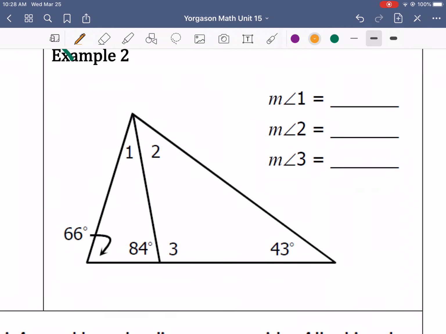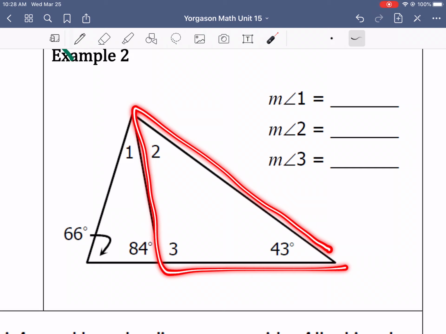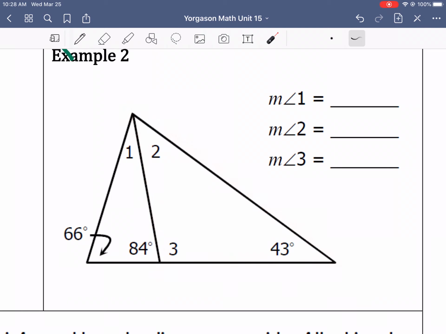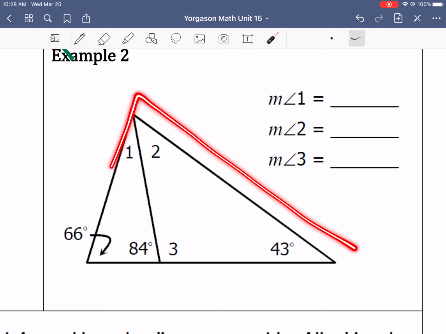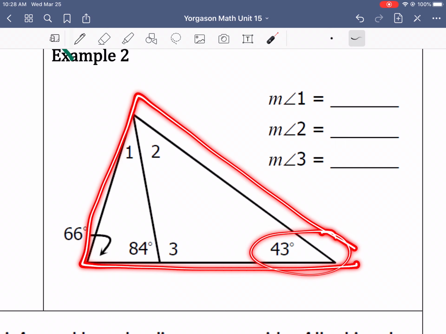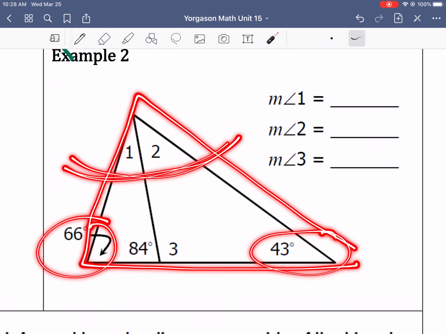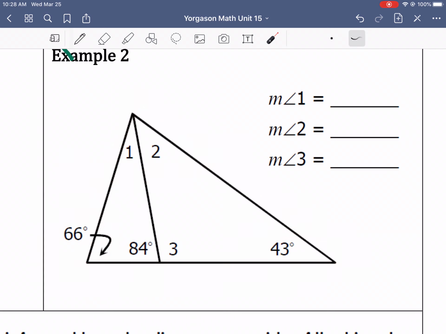Okay, let's look at example 2. This one is a little bit more complex, all right? So we have a triangle here on the right, and we know one of these angles is 43 degrees. The other 2 we don't know. We have a large triangle here. We have 2 of the angles. One of them is 43 degrees, one is 66 degrees, but this is a combo angle. Like we could figure out what that whole thing is, but it wouldn't give us an answer for 1 or 2.